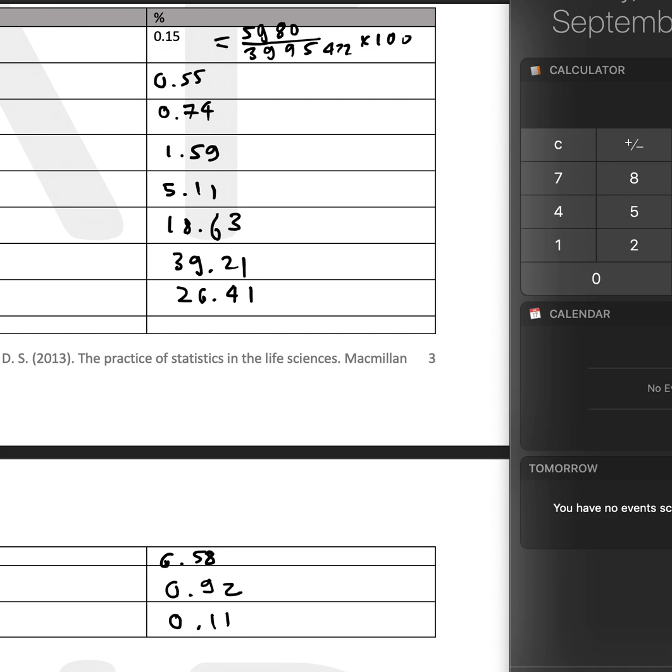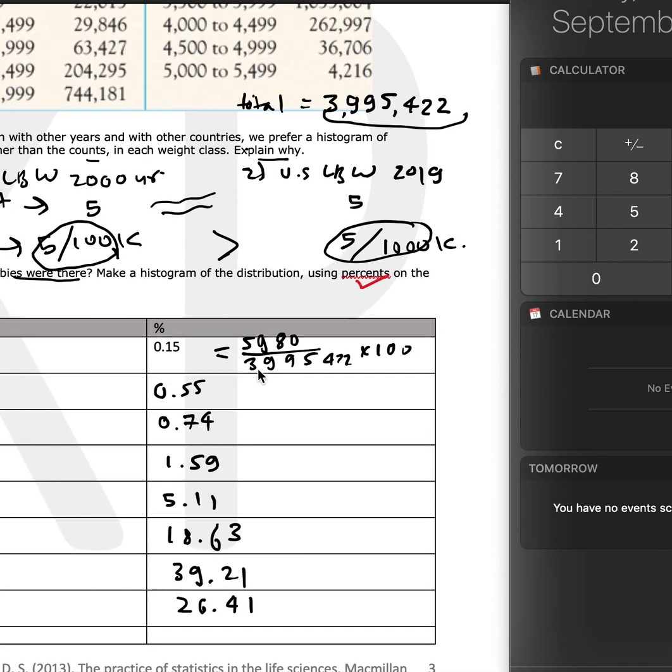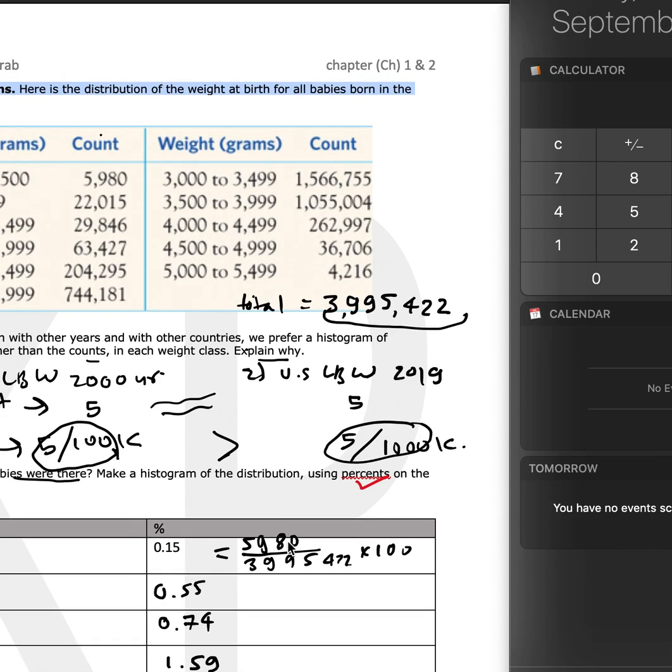See, now it is exactly 100, so that means our transformation of counts into percentage according to categories is correct.